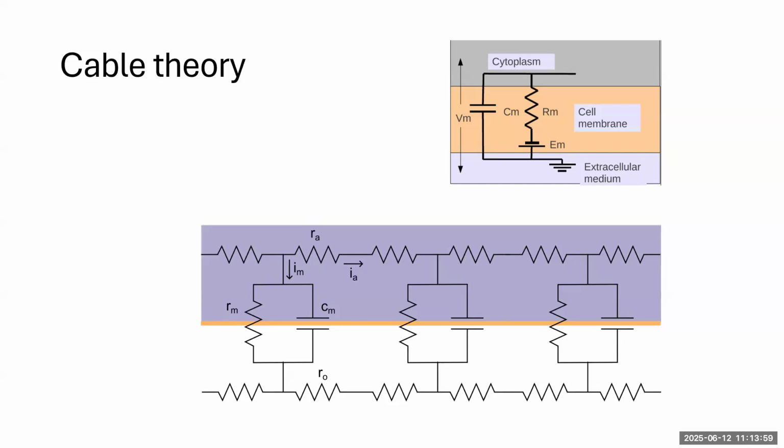That means if you plot the current against voltage, this is called the IV curve. This slope will be your resistance. Okay? But in case of an active component, you won't have this kind of straight line when you plot the current-voltage relationship.